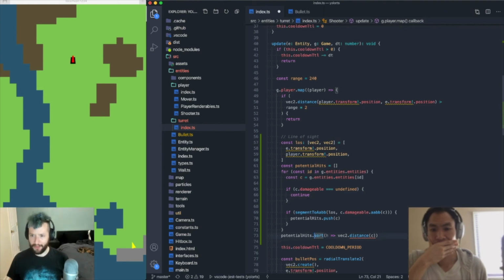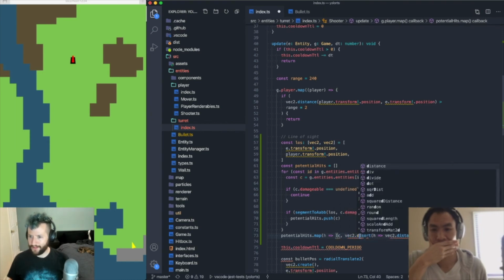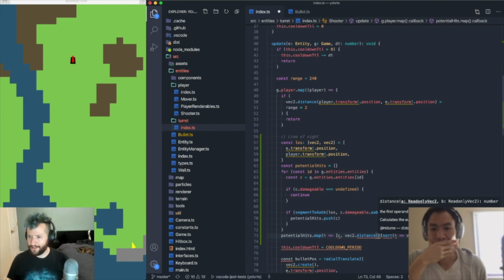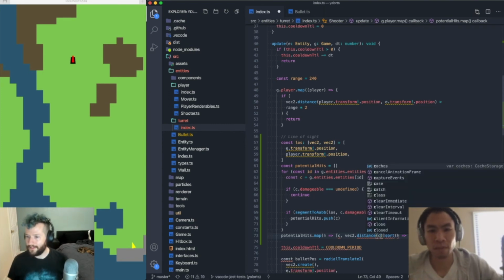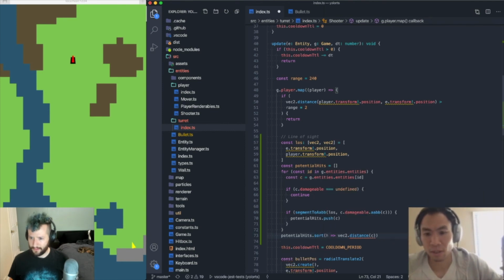I'm going to map this. I just need to do a map first to a tuple of C and vec2.distance. Oh, I don't think you have to. I think you can just do potentialHits.sort and pass in a function that gets 2 entities.